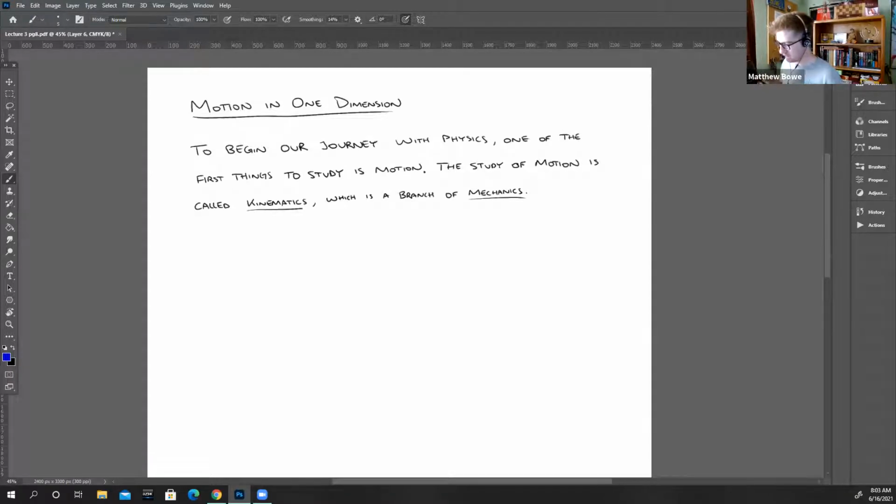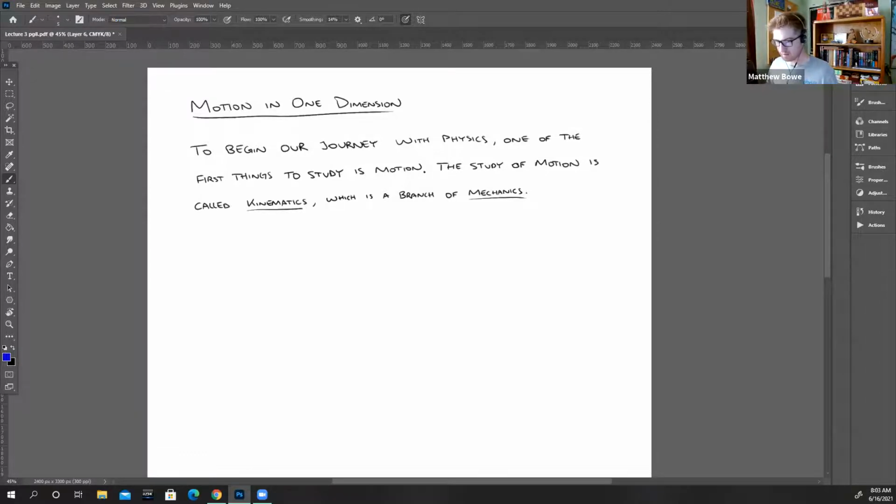We can begin by looking at how things move. This is what is known as kinematics. It's pretty much a large branch of mechanics. All things that move are in this section.